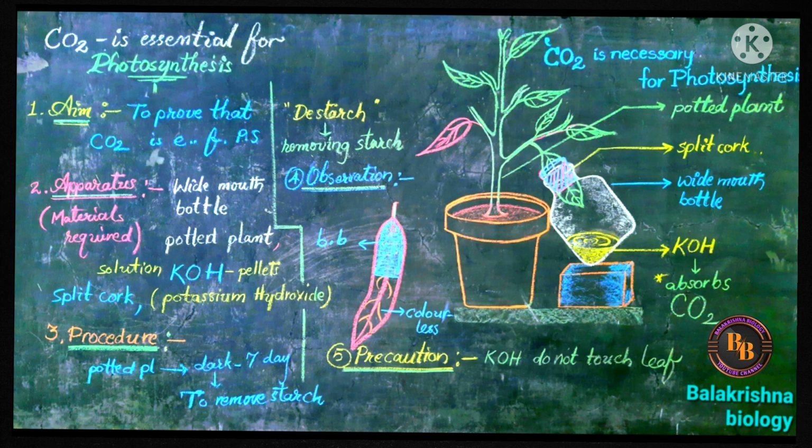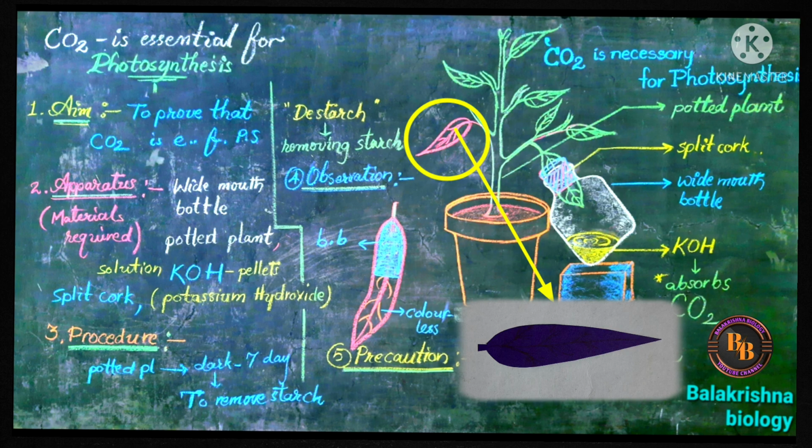Then we talk about the half of the leaf present outside the glass bottle. This part of the leaf received carbon dioxide from the atmosphere, so this part prepared starch. So whenever we do the iodine test on this leaf, it turns blue black. Next, the other leaf which we took from the plant at any place, the complete leaf turned blue black because that leaf was completely exposed to carbon dioxide.